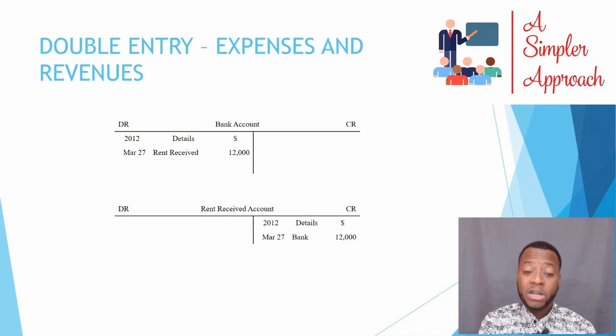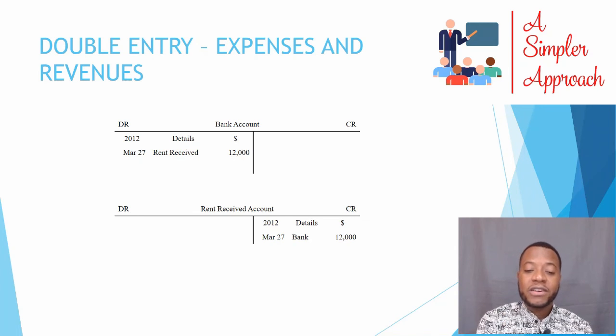Remember, once again, when you debit an account, it means you place the information on the left side. When you credit an account, it means you put the information on the right side, using the date, details, and you use the corresponding item as the detail. All right, so March 27, in the bank account, rent received 12,000.